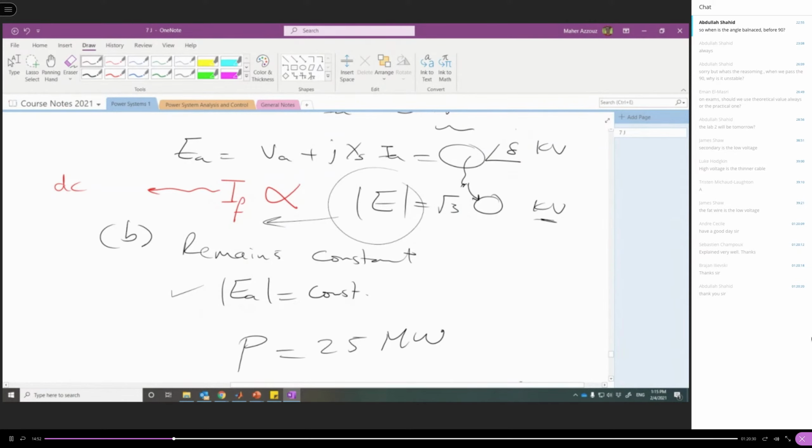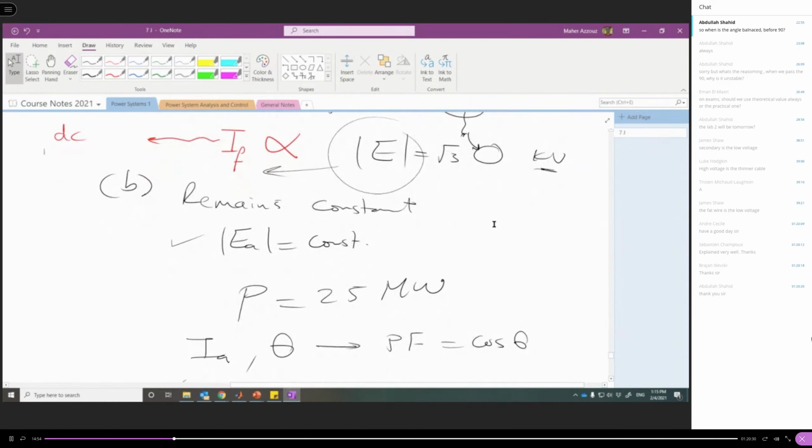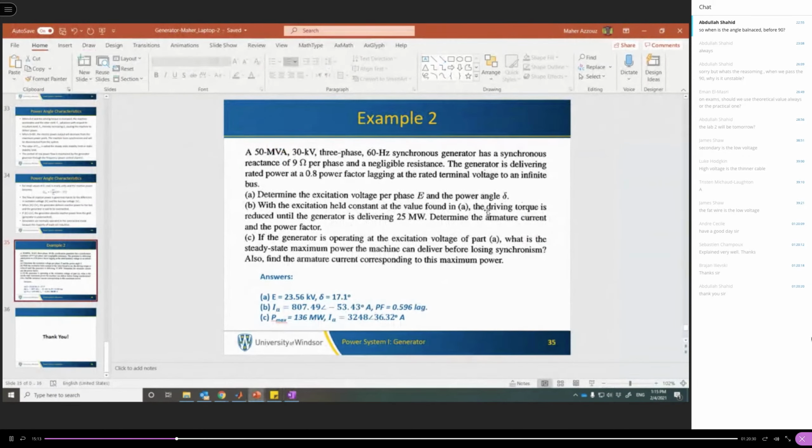So we have this information, which is given or, to be accurate, calculated from A. Then the driving torque is reduced until the generator is delivering 25 megawatt.